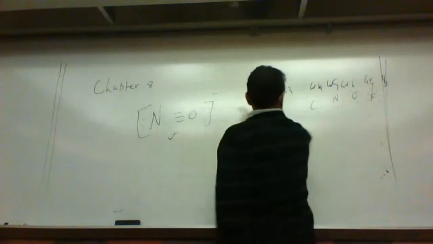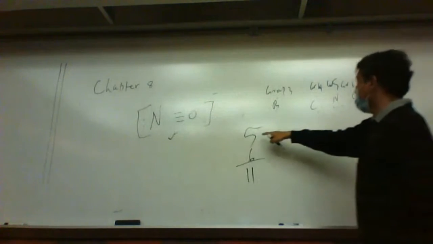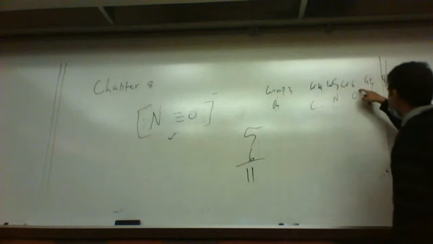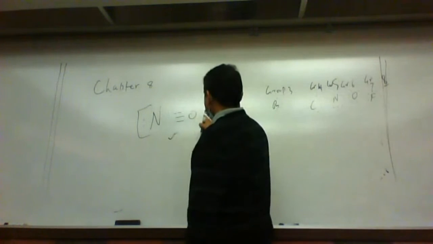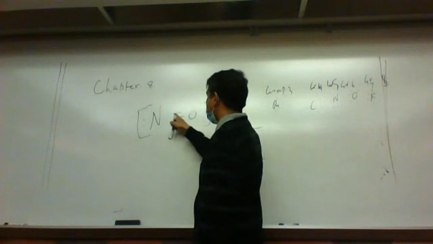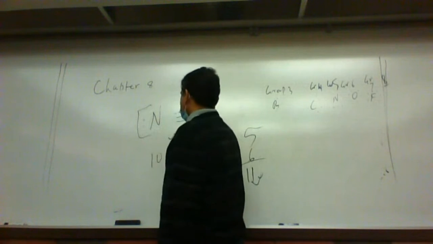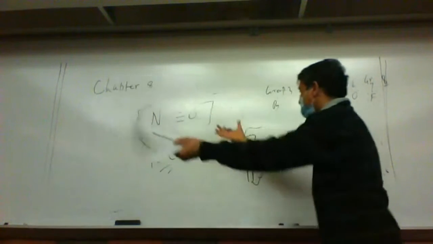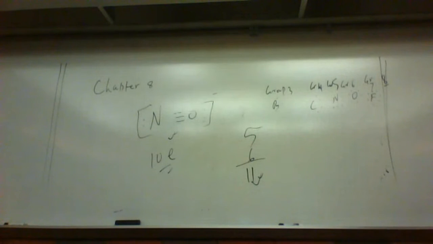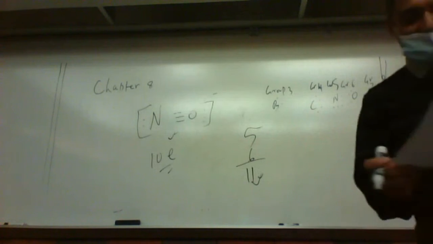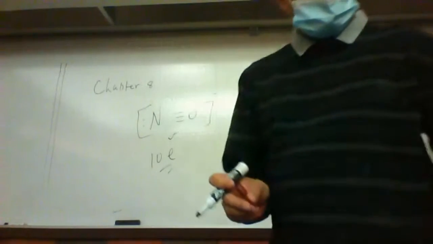But what is not good is that nitrogen has 5 electrons, and the oxygen here 2, 4, 6 electrons, 11 electrons. But if you count here, 1, 2, 3, 4, 5, 6, 7, 8, 9, 10 electrons. So we should be putting 11 electrons there, but they put only 10 electrons. So this is not good. This is a little bit tricky. Make sense? I wrote it there already, so you can read yourself, yeah?